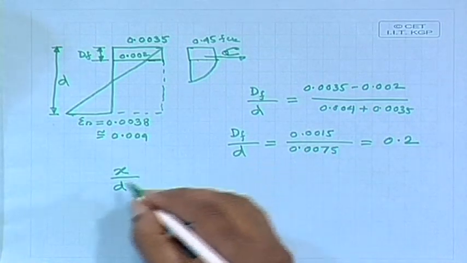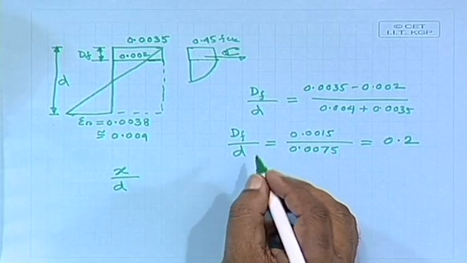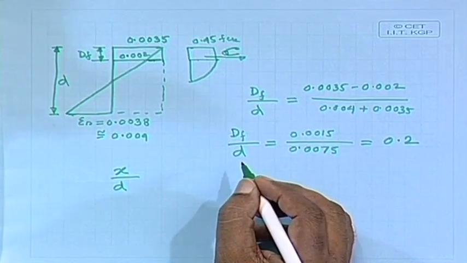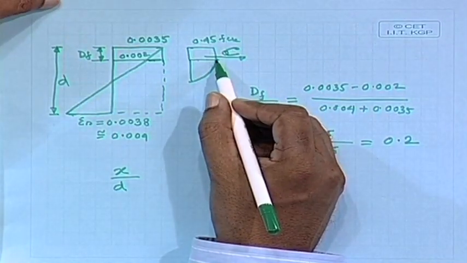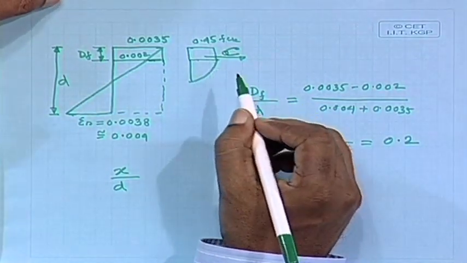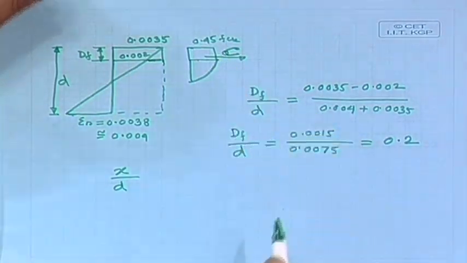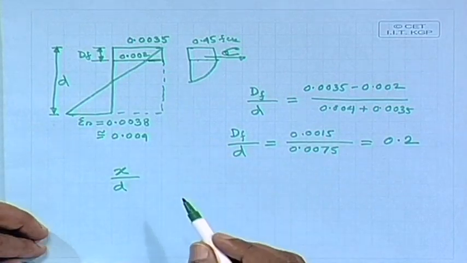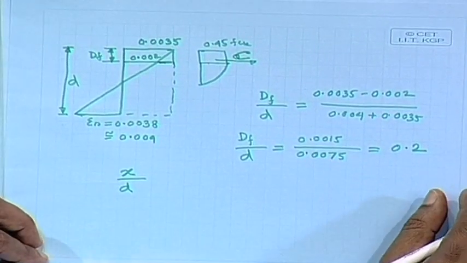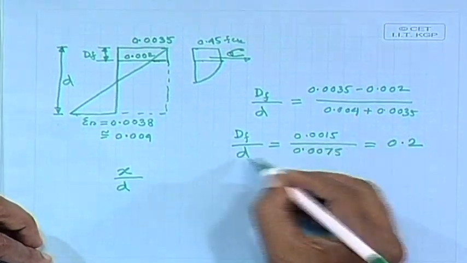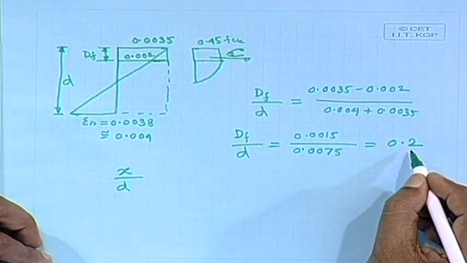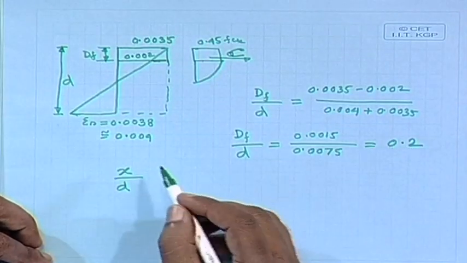It is also possible that x by d is greater than dF by d, but we have to check whether we are getting uniformly stressed or not. We shall solve a few problems, but before that let us derive which formula we should use. So, dF by d equal to 0.2 is an important parameter to check whether the neutral axis is within the flange or within the web.